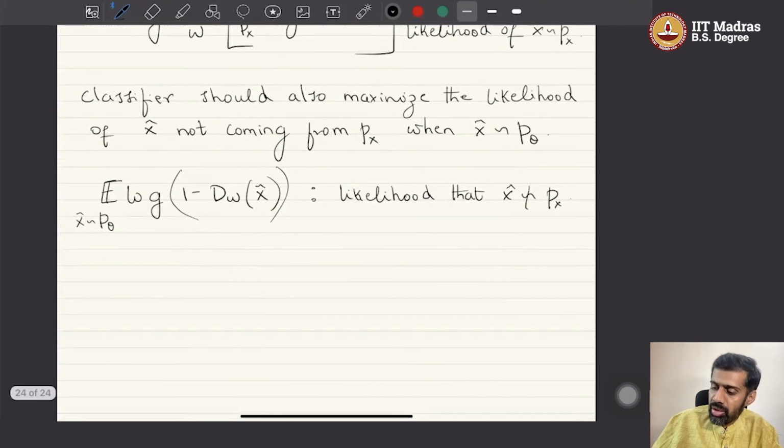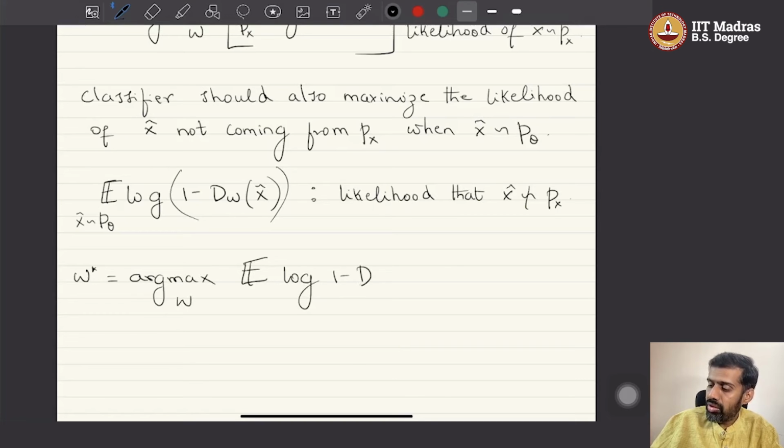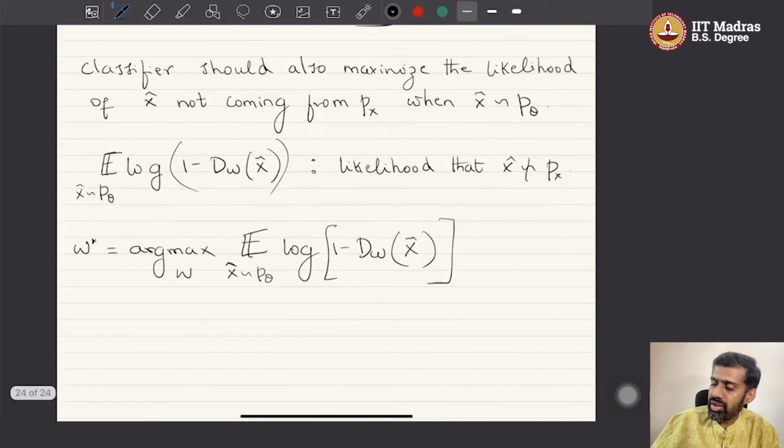Now we want our w star also to maximize this particular likelihood, which is the expected log likelihood of x cap not coming from px whenever x cap is sampled from p theta. So now basically what we are saying is, let me write this.